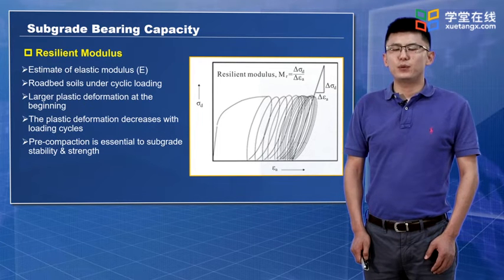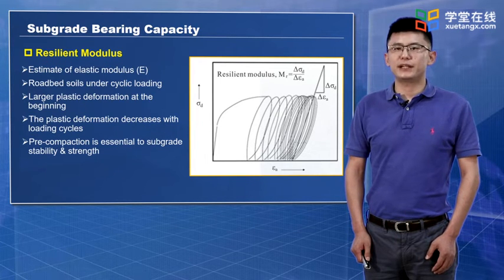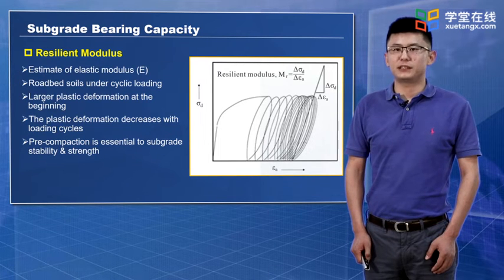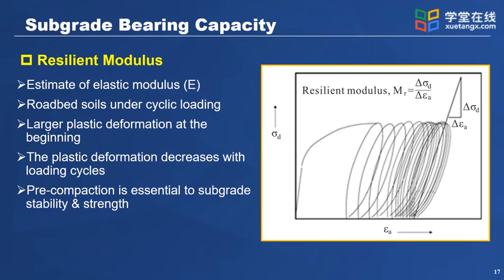And for the resilient modulus, we can calculate it by the difference of the stress divided by the difference of strain, or we can say that MR equals delta sigma divided by delta epsilon, like this equation on the graph here.